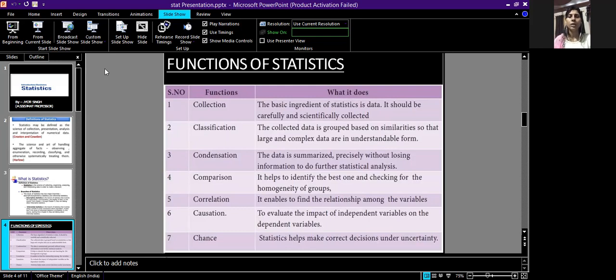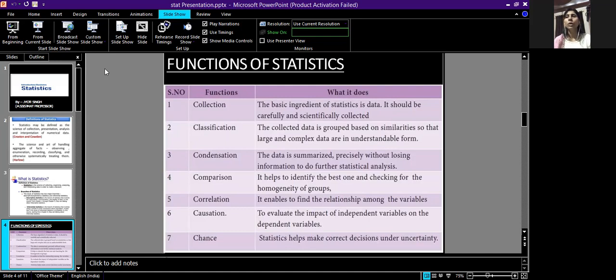We group that data. After the classification, we start condensing the data. What is the condensation process? When we start the first function of statistics, the collection of data, we collect a lot of data. But it is not possible to go through the whole of the data, nor is all of it useful.